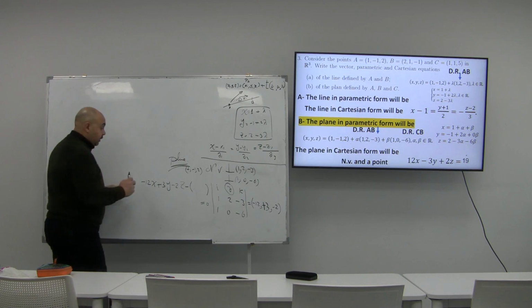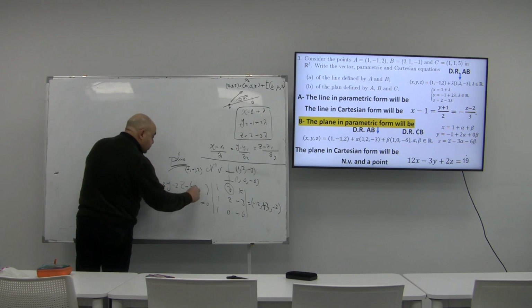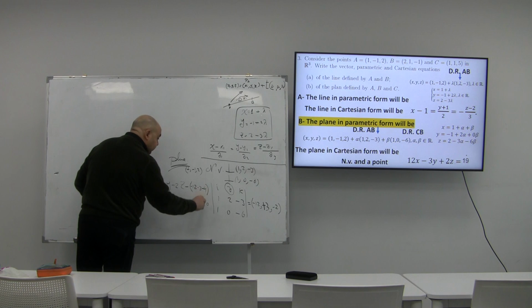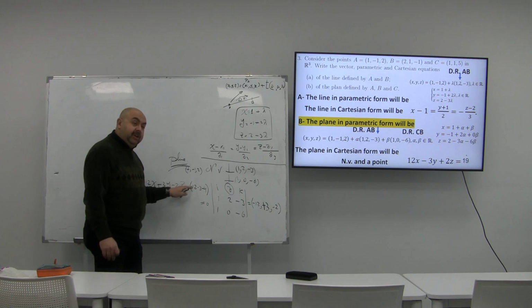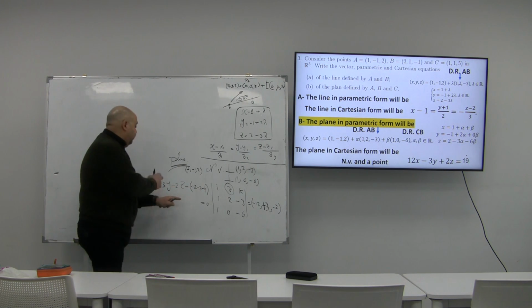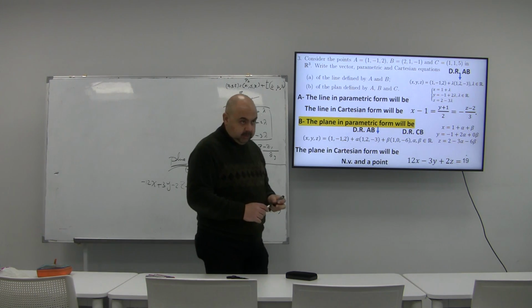See how I'm going to multiply. 1 times negative 12 is negative 12. Negative 1 times 3 is negative 3. 2 times negative 2 is negative 4. Getting the sum of all of these numbers, you will end up having negative 19, times negative is going to be positive 19. If you multiply the whole equation by negative, you will have the exact same equation.